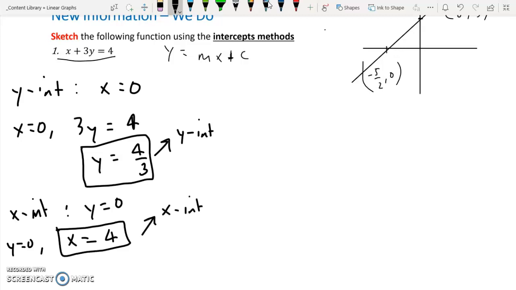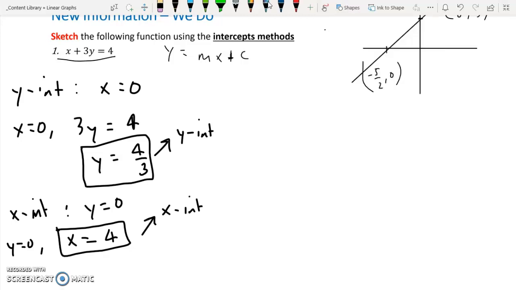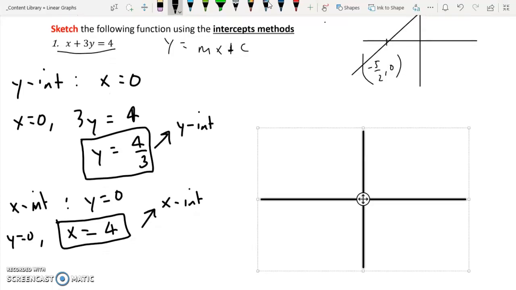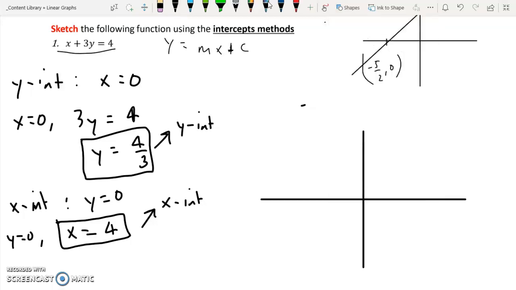Now, sketching this, because it's a straight line, all we need is our 2 points again. This one's a positive y-intercept, and this one's also a positive x-intercept, so we're going to cross here, and we're going to cross here somewhere. We can draw a straight line anywhere, as long as it cuts through the axes.